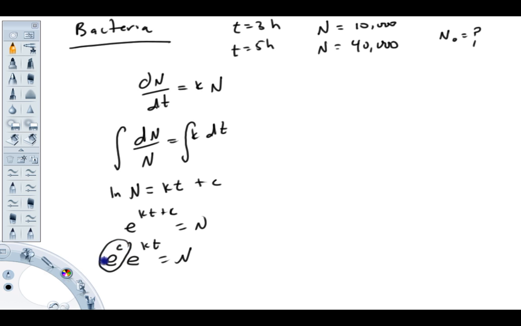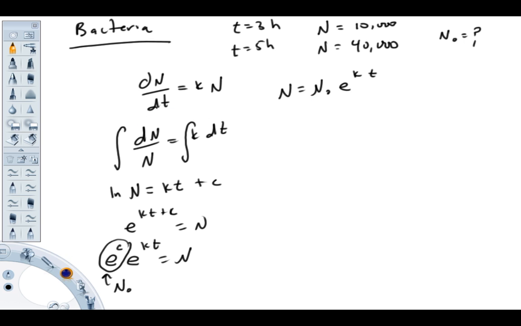So this constant, e to the c, represents the number of bacteria at t equals 0. I normally would call that n sub o, so I'm going to rewrite this equation: n equals n sub o, e to a constant times t. Our differential equation is basically solved.